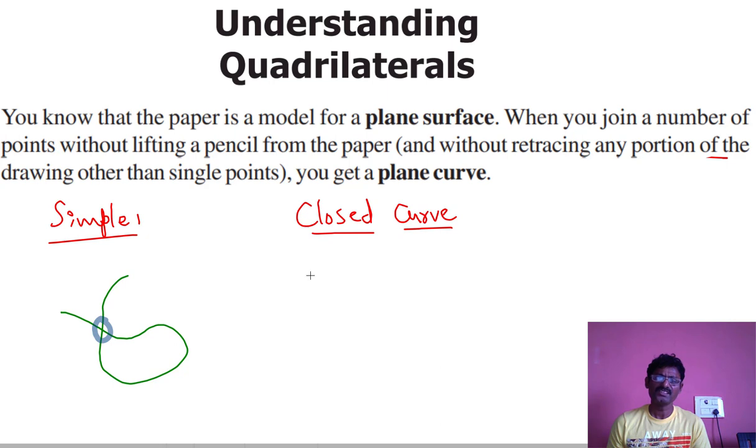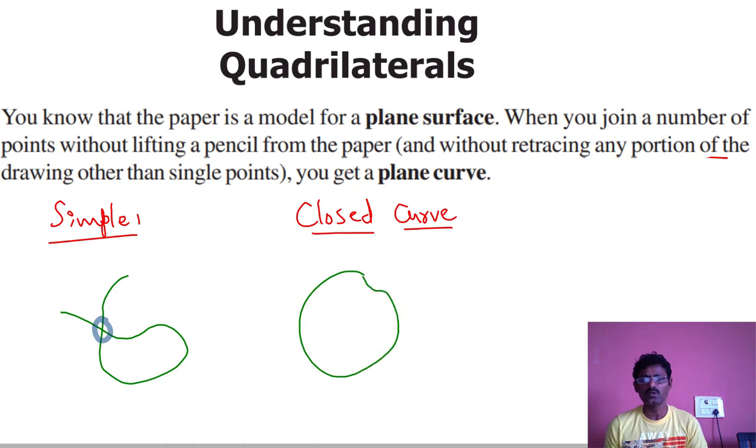Now closed curve. As the name suggests, a closed curve means a curve which is closed. So that means something like this, closed. If you observe, we can't recognize what is the starting point or what is the ending point in this case. That is what we say a closed curve. Suppose I draw like this. Now this looks like it is closed.